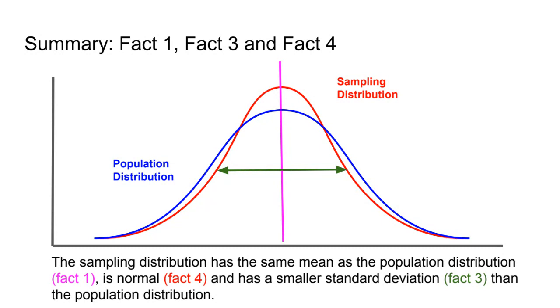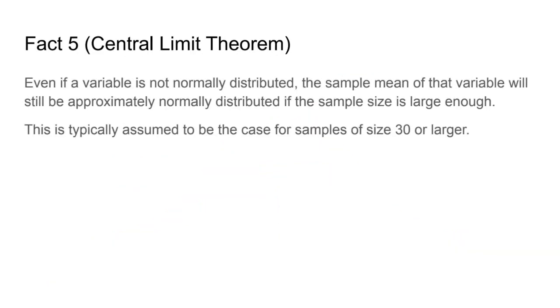There's one more fact which is important, and that concerns the case in which the population distribution is not normal. And that is fact 5. Fact 5 says that even if a variable is not normally distributed in the population, the sample mean of that variable will still be approximately normal if the sample size is large enough.